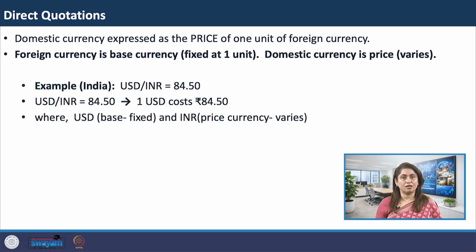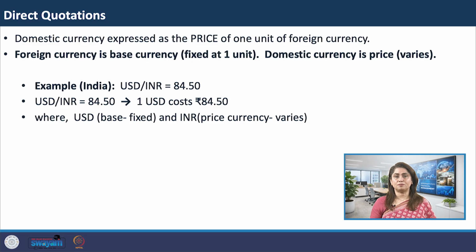Now, notice the convention in the notation USD by INR. The currency on the left, USD, is the base currency, the one fixed at 1 unit. The currency on the right, INR, is the price currency, that is the one that varies. It is the price.